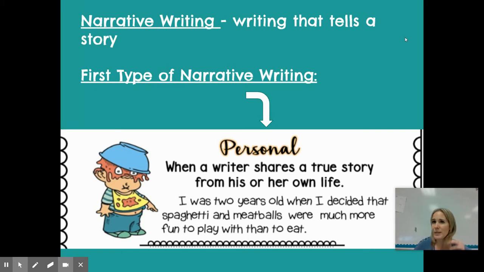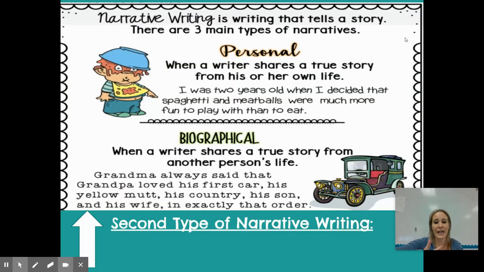In order for it to be a personal narrative, it would have to follow that story outline. Okay. The second type of narrative writing is biographical. It's when the writer is sharing a true story, again, but this time it's about someone else's life. And again, that common theme is it has to follow that story arc.